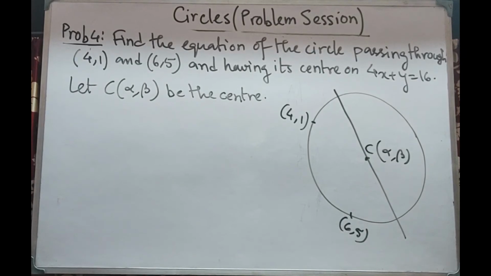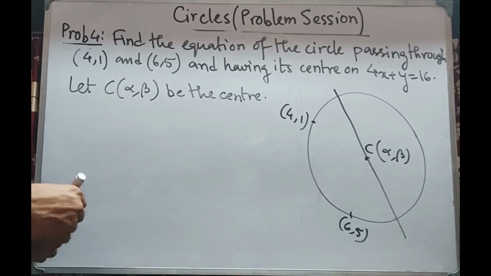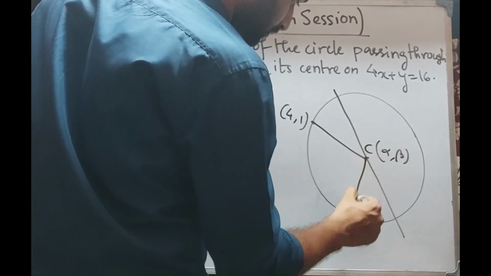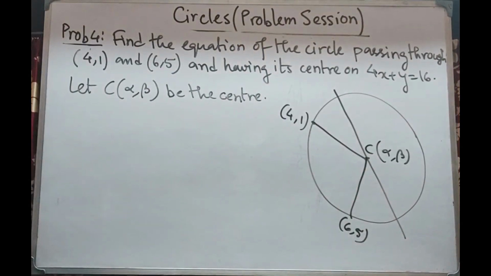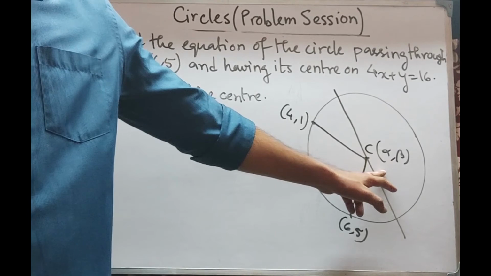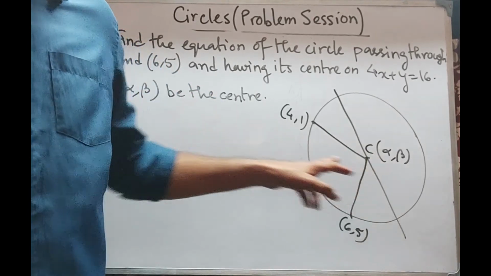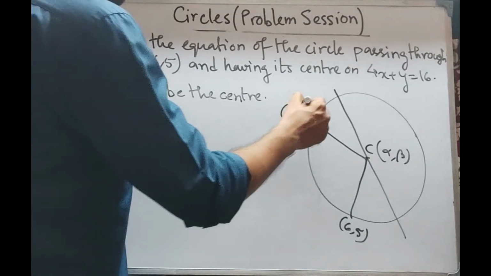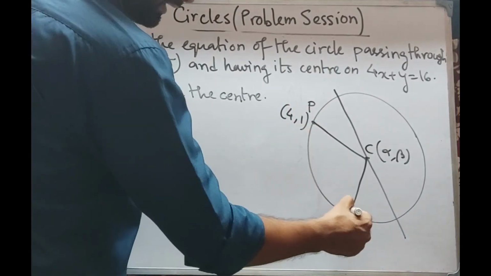So what we can see here is that again we have 3 pieces of information, 2 points and 1 line. So these 2 points we are joining. Now this thing is very simple. Here we have 2 unknowns alpha and beta, and for that we have 2 points. So we can take this point, say it's P and it is Q.